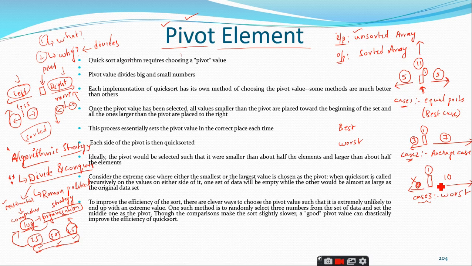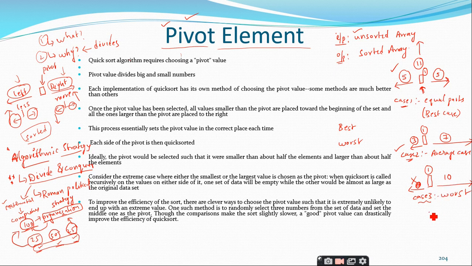The main role of the pivot is to divide the list into two almost equal parts. Either it can do this one, which is the best case, two equal parts, or it can do like this, which is almost equal parts. But in this case, the pivot is dividing the given list of elements into two unequal parts. Almost the left part is nil and the right part is full.